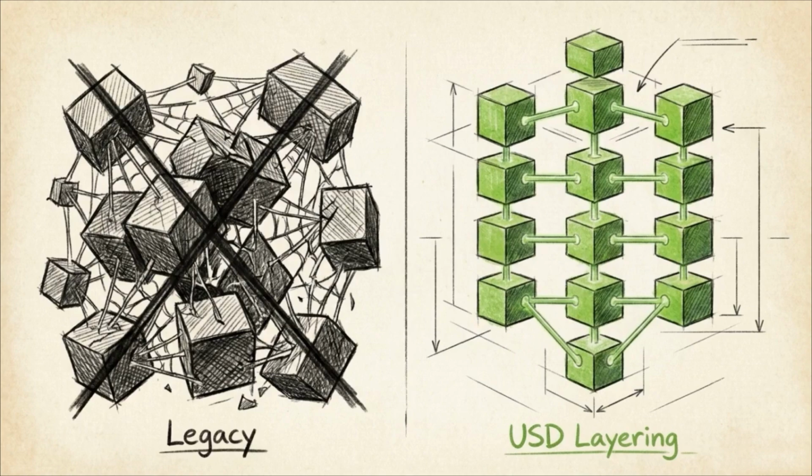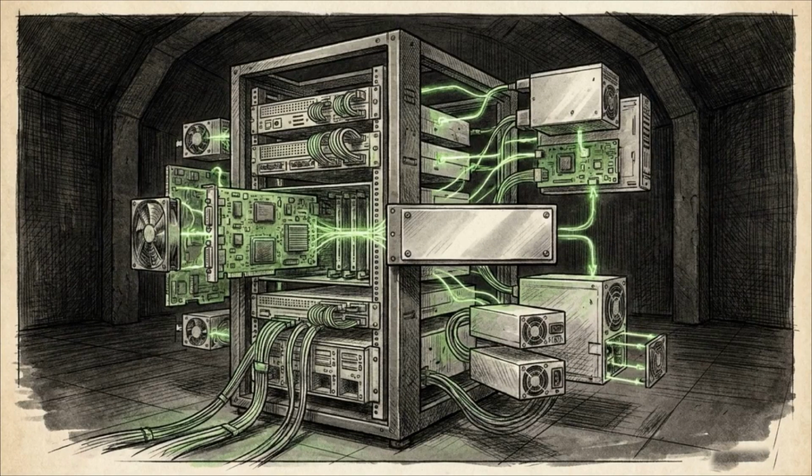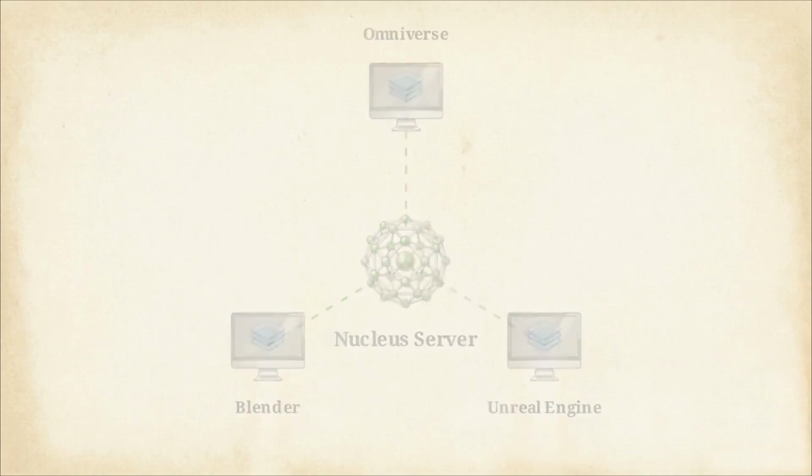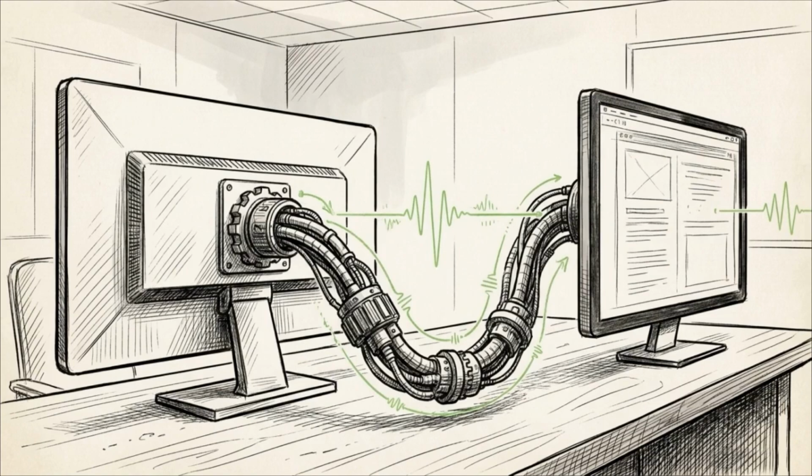To manage this data structure across a massive team, NVIDIA provides Omniverse Nucleus. Nucleus serves as a real-time routing engine and database, synchronizing these complex USD layers across the network as developers work. This exact setup enables true live sync capabilities.